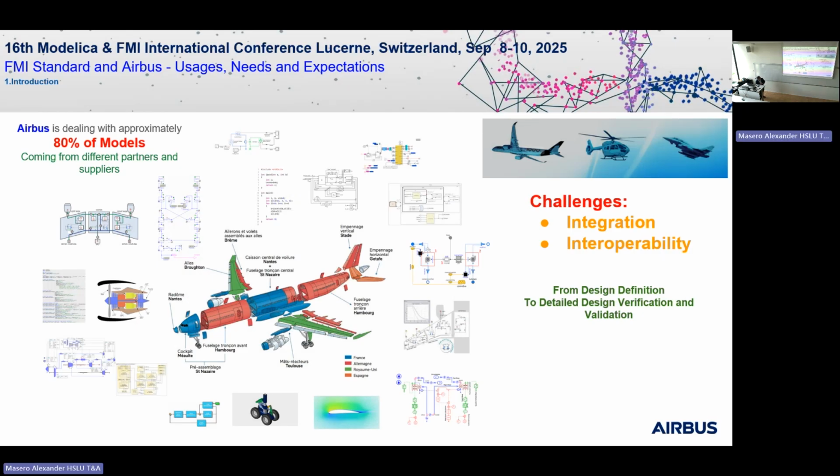So we are Airbus. We are producing aircraft, helicopters, and also military aircraft. For myself, I'm on the commercial aircraft side. What you can see is the A350neo, which is one of our latest aircraft.